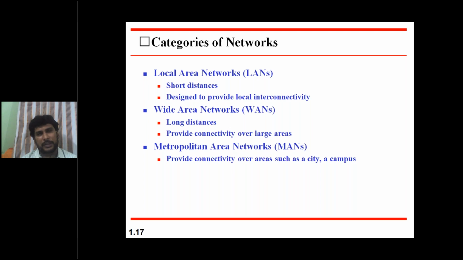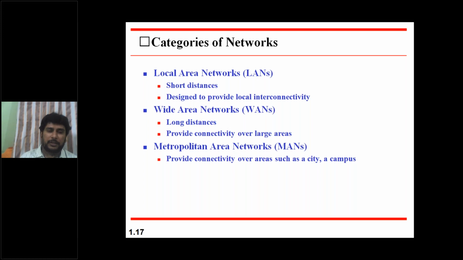But if you are trying to connect two offices of a company which are located in two different cities or two different countries or continents, then the type of network we establish is referred to as a wide area network.